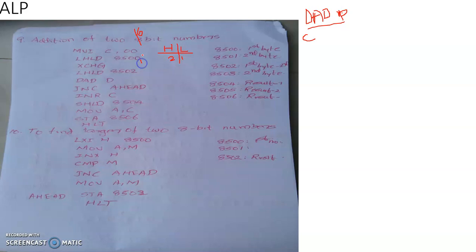Now we have to add the second number to another register. However, there is no direct method of loading any register other than HL, so we exchange the HL pair with the DE pair. The first number is moved to the DE pair using the instruction XCHG. Now again we perform LHLD 8502, so the second number is loaded to the HL register pair. Now the first number is in the DE register pair and the second number is in the HL register pair, and we add these two, DAD.